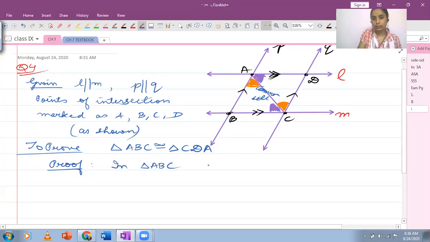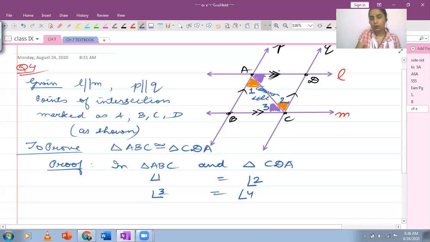So let's just start by considering the two triangles that you have. Let's write down their matching parts. So from triangle ABC, I have this angle marked in orange here. Angle 1 equal to angle 2 of the second triangle. Along with this, I have angle 3 equals to angle 4, the second pair. So 3 will be marked here, 4 will be marked here.